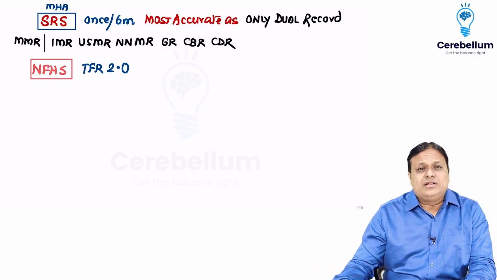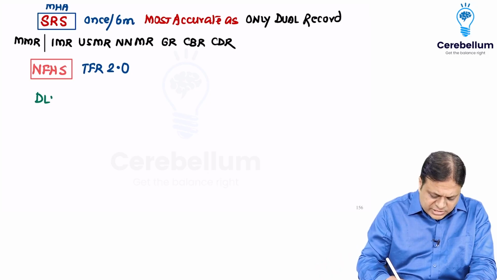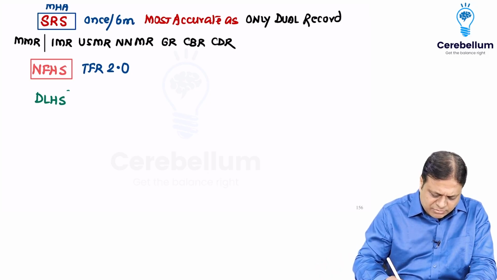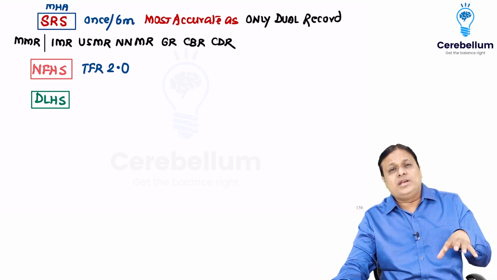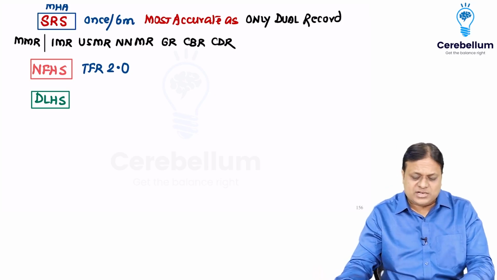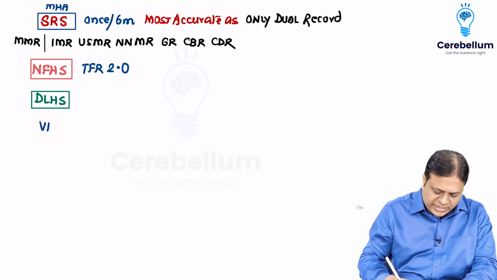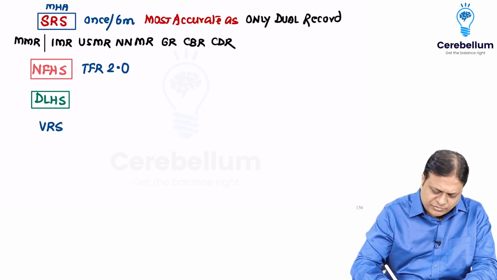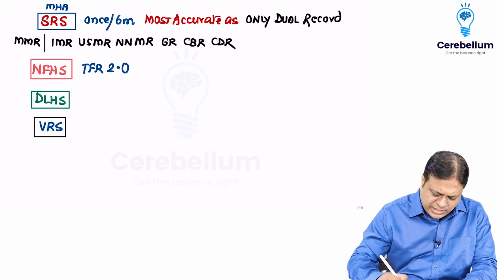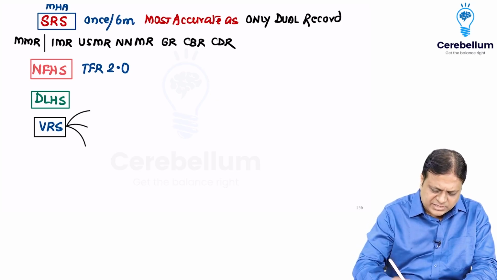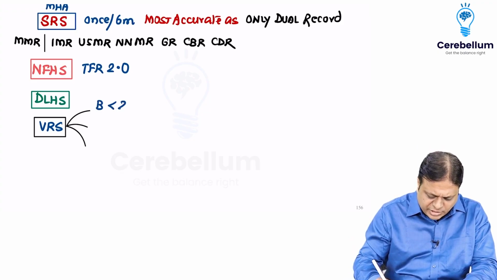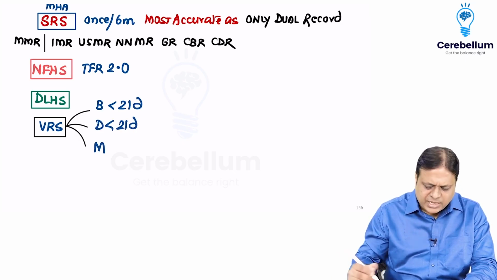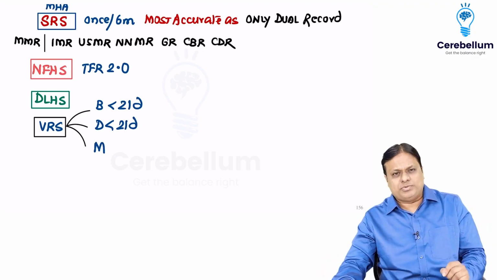District level household survey. This data collection system is used to assess district level data, including routine immunization coverage levels. Vital registration system of India. 3 vital events are mandatory to be registered in India: births within 21 days, deaths within 21 days, and marriage registration varies from part to part.